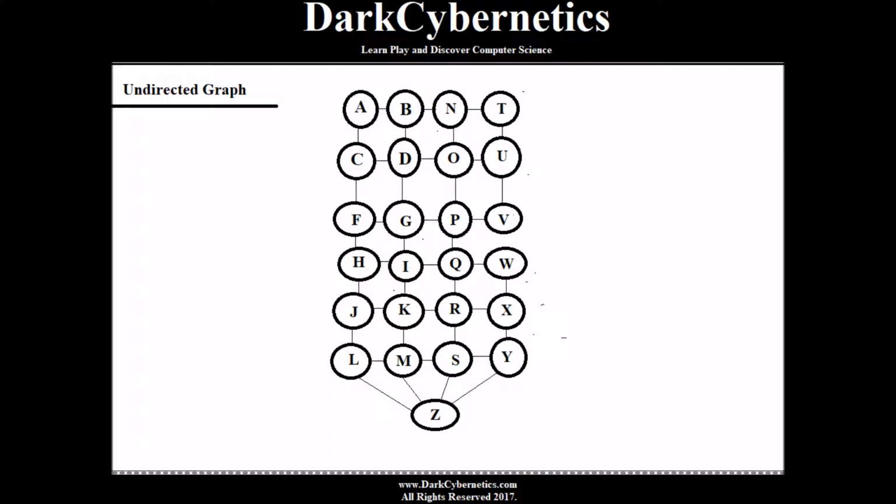When we talk about an undirected graph, we have a pairing of vertices, and they generally use the notation U and V for the endpoints of the edges.